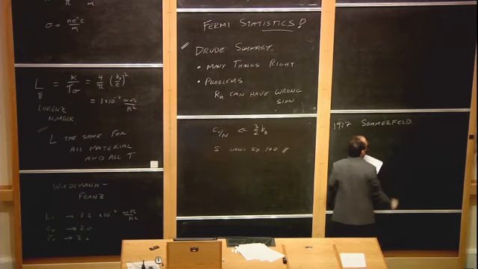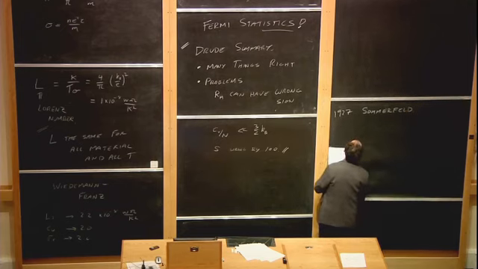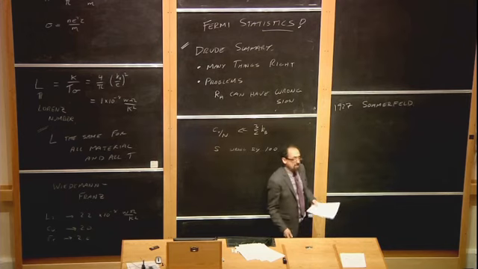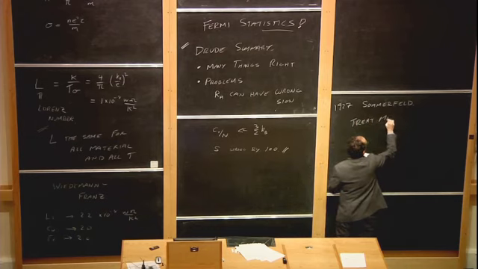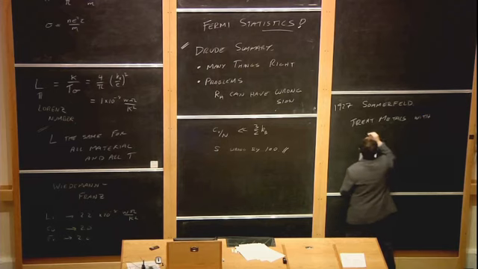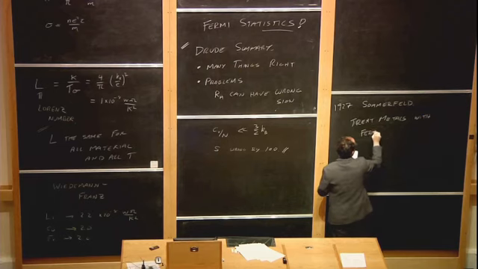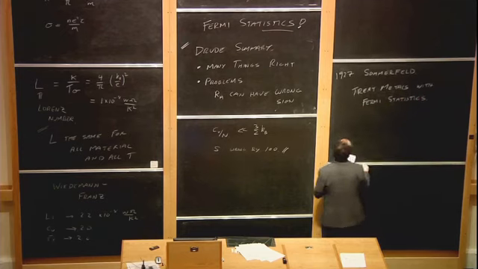Sommerfeld was nominated for the Nobel Prize 81 times and never got it. Poor guy. But his idea was he was going to treat metals with Fermi statistics. In other words, we're going to account for the fact that the electrons are actually fermions.